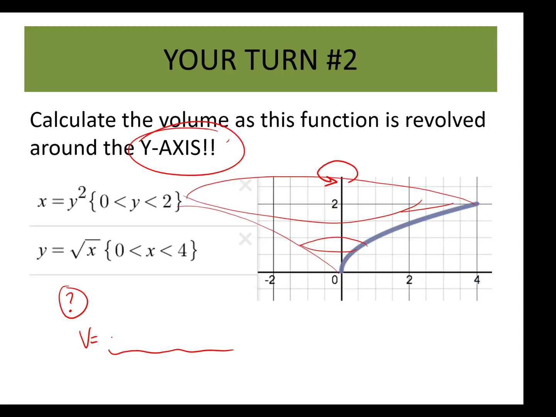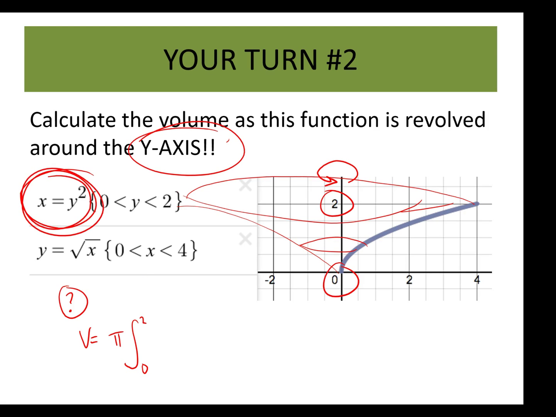Alright, hopefully you were able to get pi. Looks like our bounds for y are from 0 to 2. And our function, we wanted to use the one here that was in terms of y, so the y squared dy, but again, you still have to do squared because that's pi r squared. And r is just the y squared function.